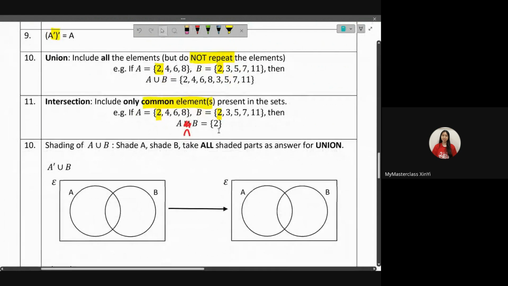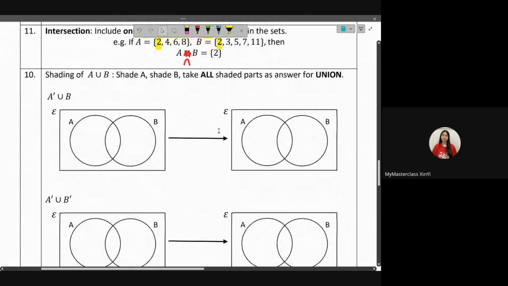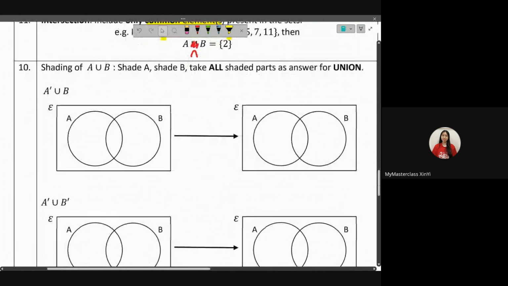Now the shading parts. When we talk about union for shading, whatever you shade is considered inside.